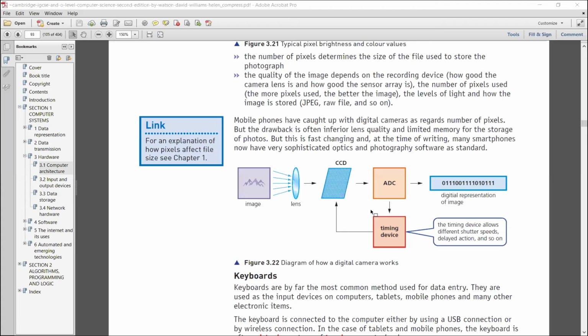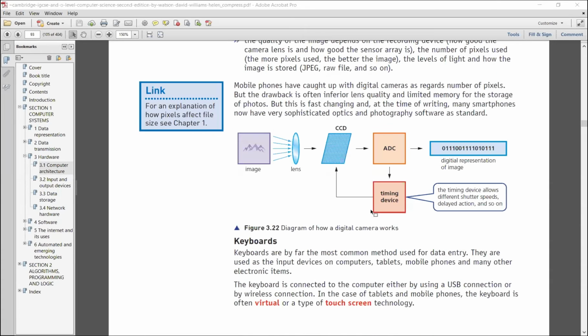Keyboard, simple. By the way, I saw one of the questions similar to this one in the paper. So what happens when a key on the keyboard is pressed? It completes the circuit and its equivalent ASCII value is returned. And this is how the input is shown to you on the screen. For example, if I have pressed capital A, definitely capital A's ASCII value is different from small a.